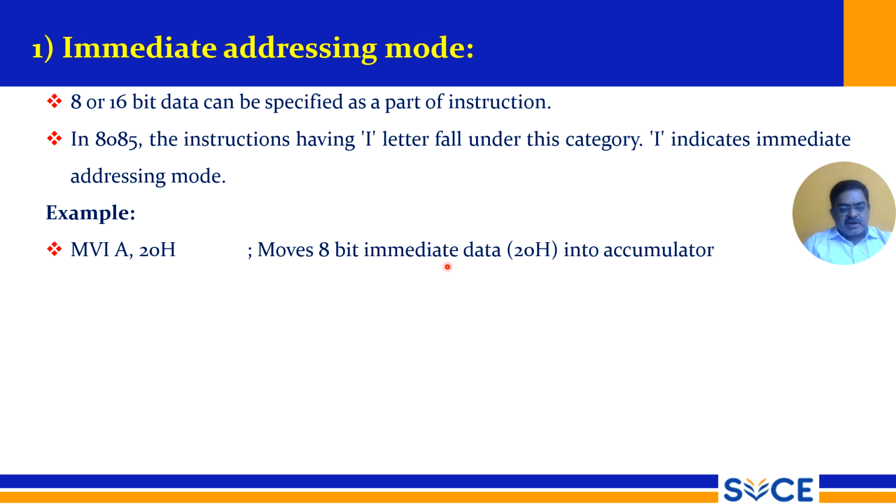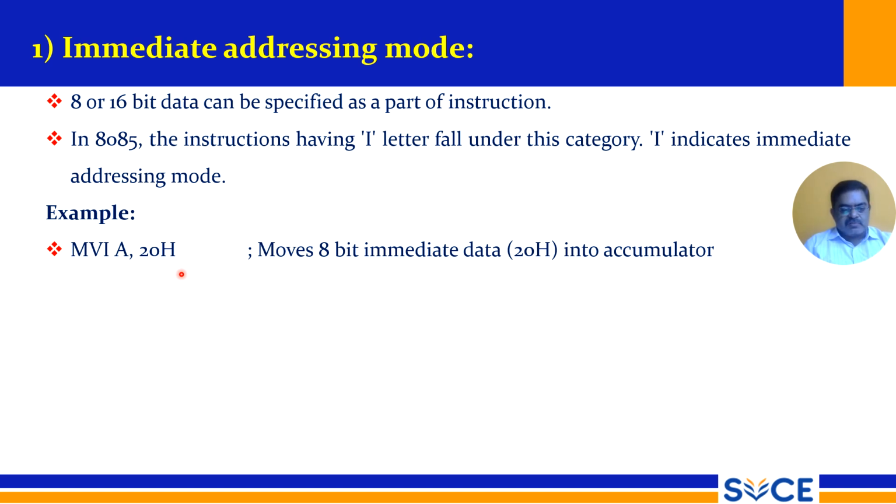So it moves the 8-bit immediate data 20H into the accumulator. MVI is move immediate, A comma 20H, so this 20 is stored in the accumulator. A represents the accumulator. I told you already the importance of the accumulator and how effective it is in 8085 programming.